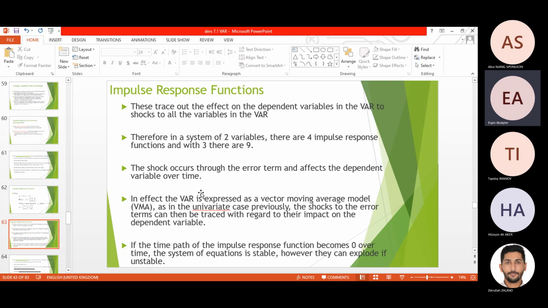In effect, the VAR, or vector autoregressive model, is expressed as a vector moving average model. As in the univariate case previously, the shocks to the error terms can then be traced with regard to their impact on the dependent variable. If the impulse response function goes to 0 over time, the system of equations is stable. However, they can explode if unstable.